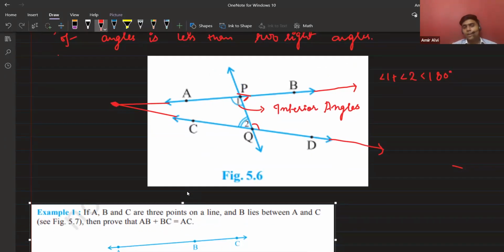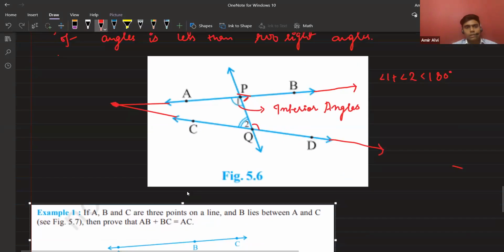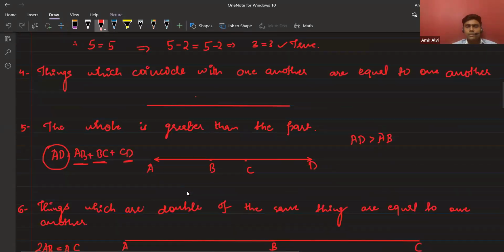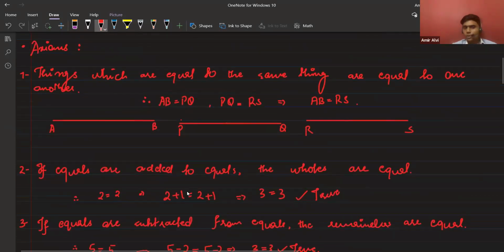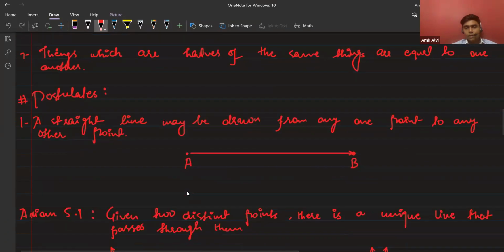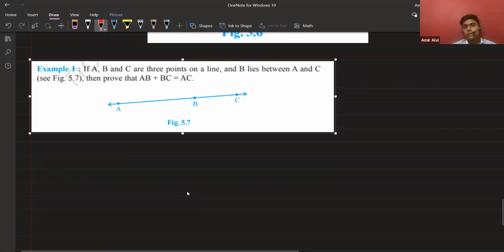Try to think about it. Which axiom fits perfectly? Is it the first axiom, things which are equal? No, not that. One axiom is already applicable directly, and that's the answer itself of this question.